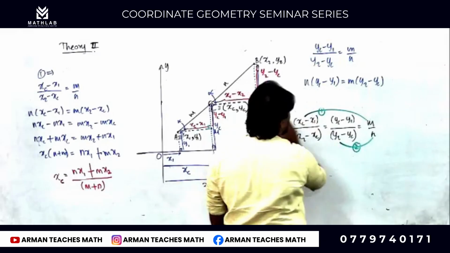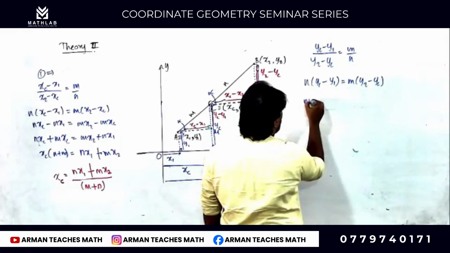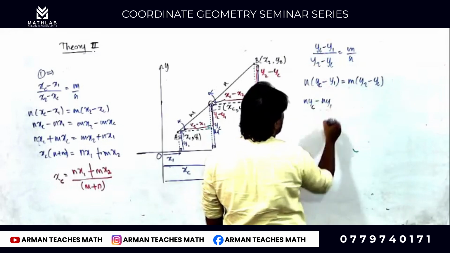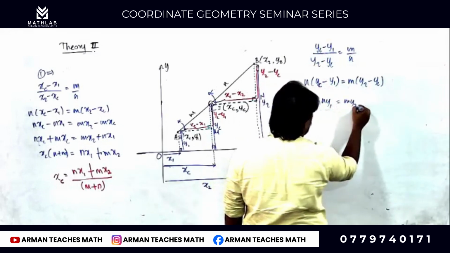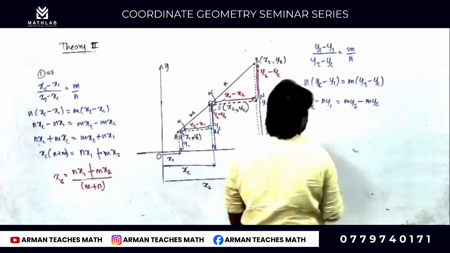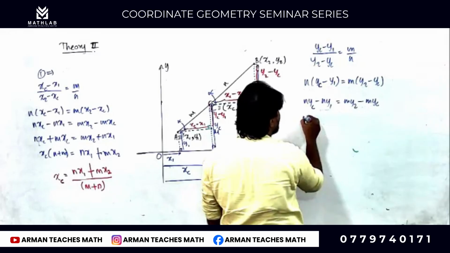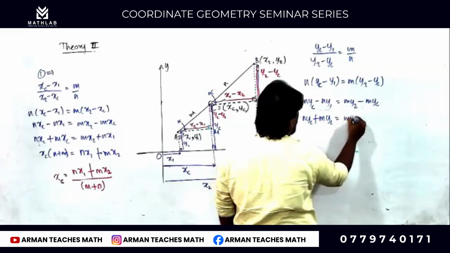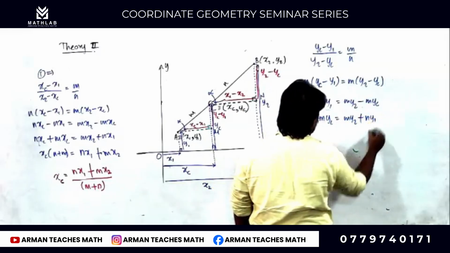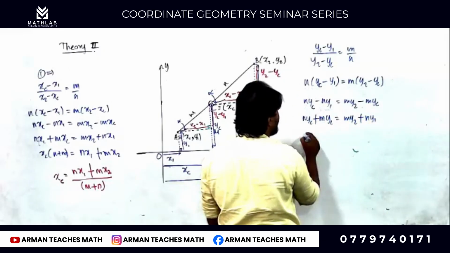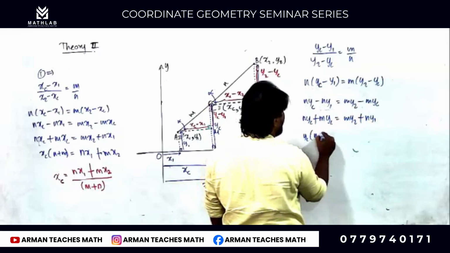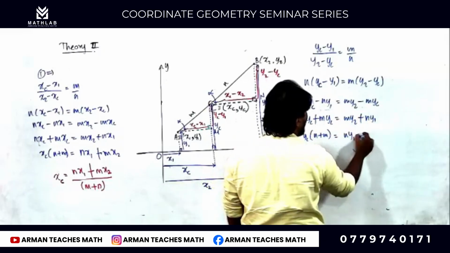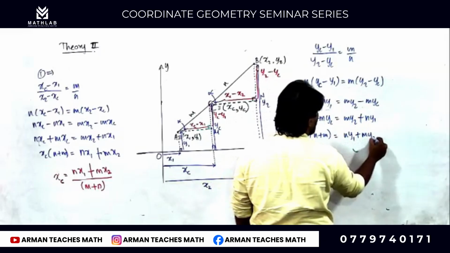Remove the brackets. nyc minus ny1 equals to my2 minus myc. Take all yc terms to one side because that's the one we have to calculate. This is equals to my2 plus ny1. So let's take yc outside. (n plus m), or as (m plus n), yc is equals to, I write it in this order, ny1 plus my2.